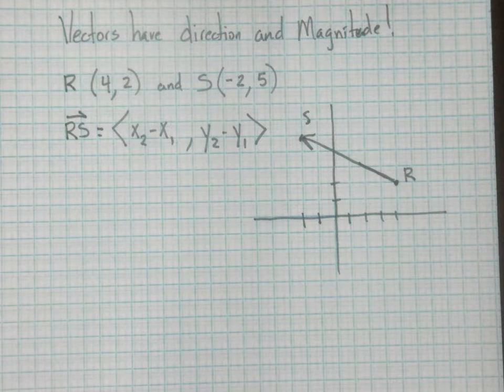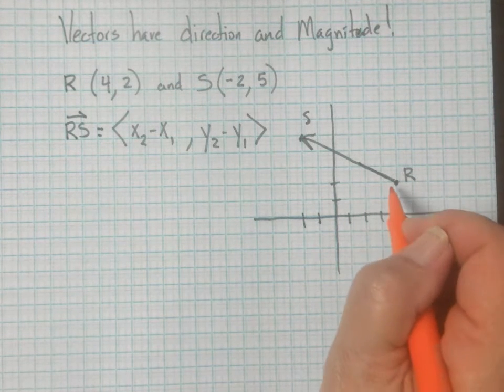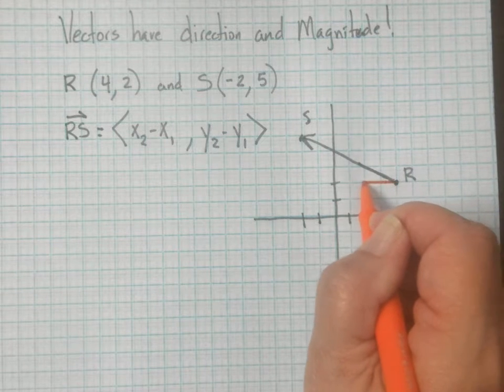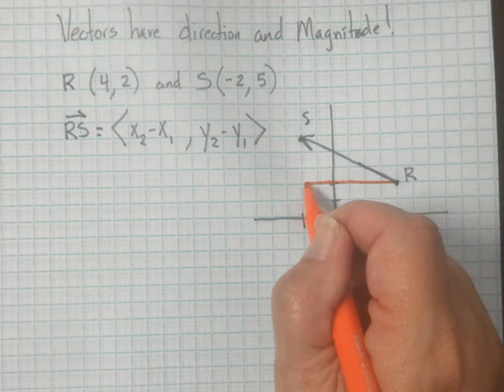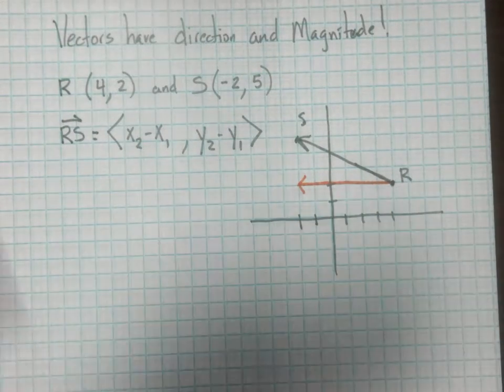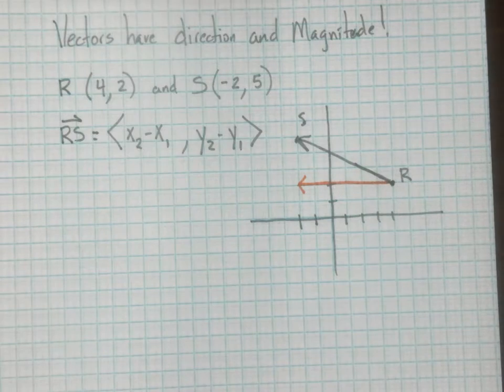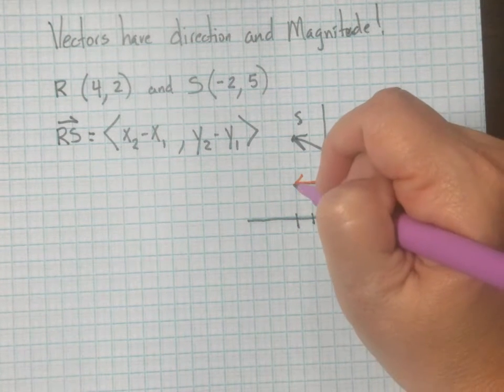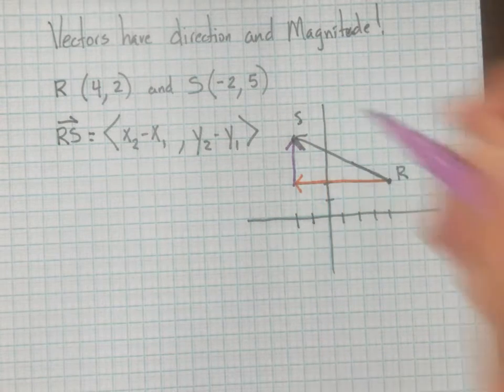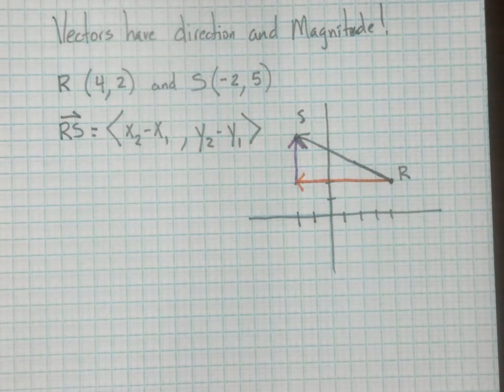And so if I'm at point R and I go horizontally, so that's the horizontal component of the vector. And then from that endpoint, I go vertically. So that's the vertical component of the vector.